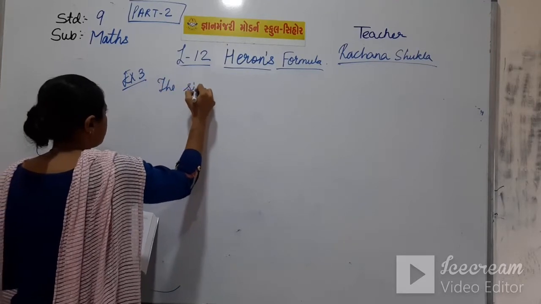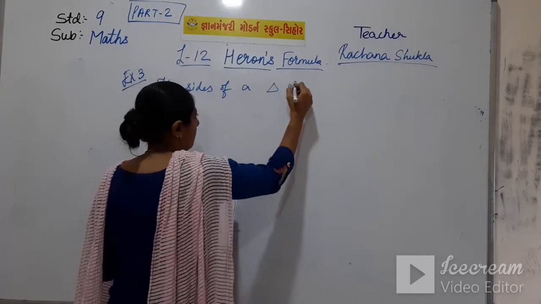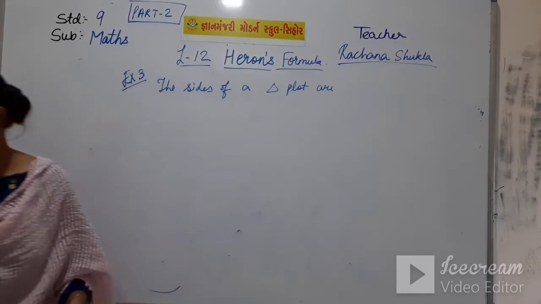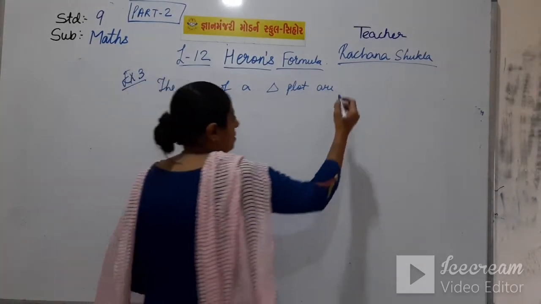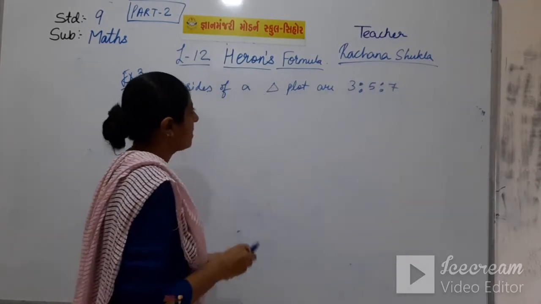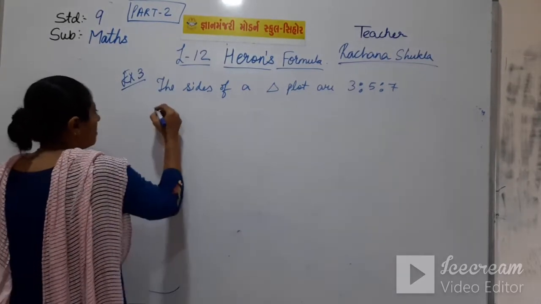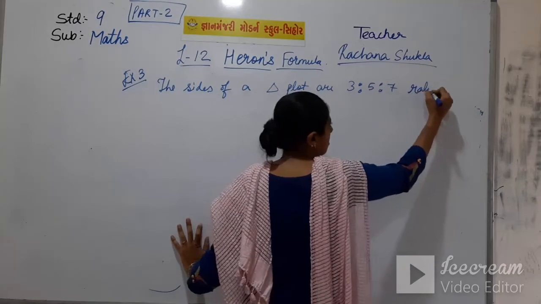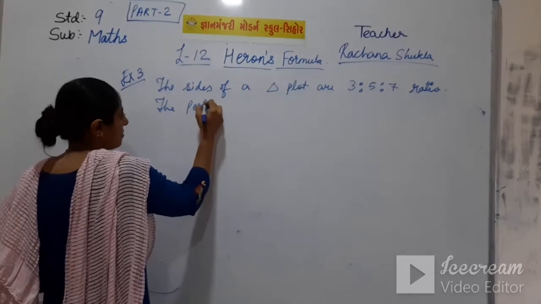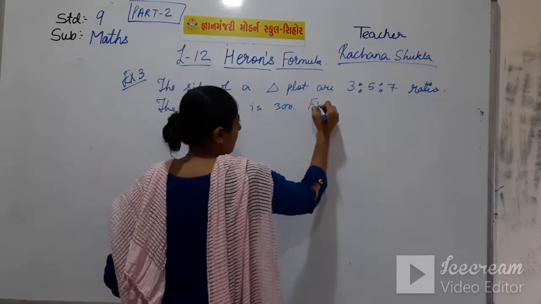The sides of a triangular plot are in the ratio 3:5:7, and the perimeter is 300. Find the area.